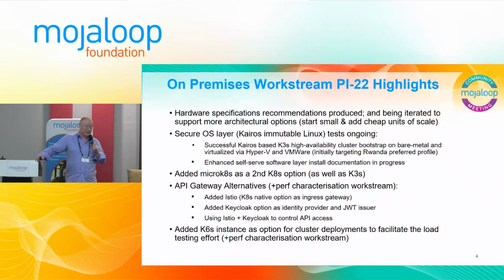So we've actually successfully bootstrapped Moduloop on Hyper-V virtualized on top of bare metal and VMware. Those tests have initially been targeting the preferred hardware profile of our friends in Rwanda, who we're supporting imminently with their project. So we wanted to make sure everything was good for them.